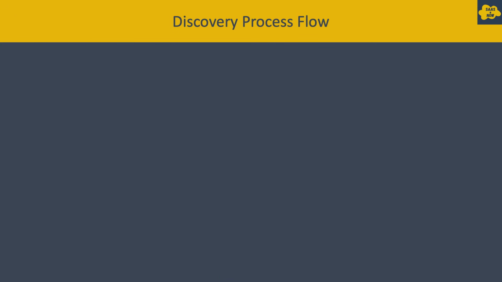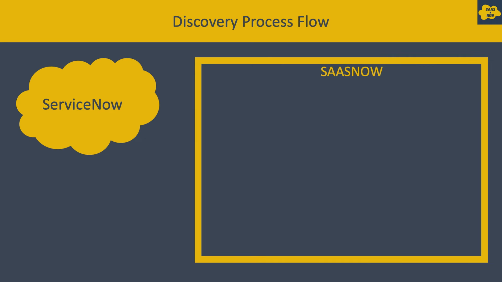Discovery process flow. Let's understand the steps involved in the complete flow of discovery while discovering the devices and processing them to update them in CMDB. We will understand with the same demo company, SAASWITHSERVICENOW. So we have SAASWITHSERVICENOW and ServiceNow for this organization. There should be a firewall in the company network for the external network.